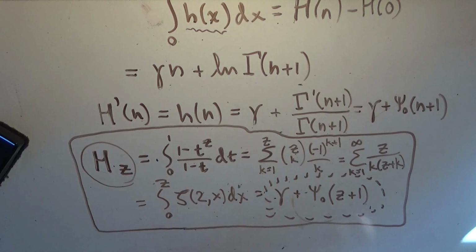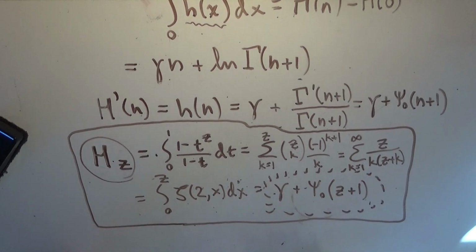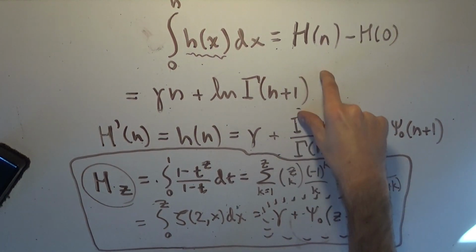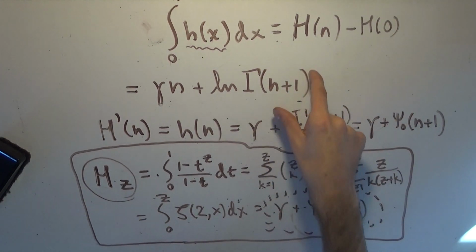A beautiful, beautiful fact. This also tells you that if we take the derivative of this with respect to z, we end up with the Hurwitz zeta function of 2 comma z. What does that tell you? That this is actually the derivative of the digamma function, usually denoted digamma 1, which would be the second derivative of this thing, because this is the first derivative of this.